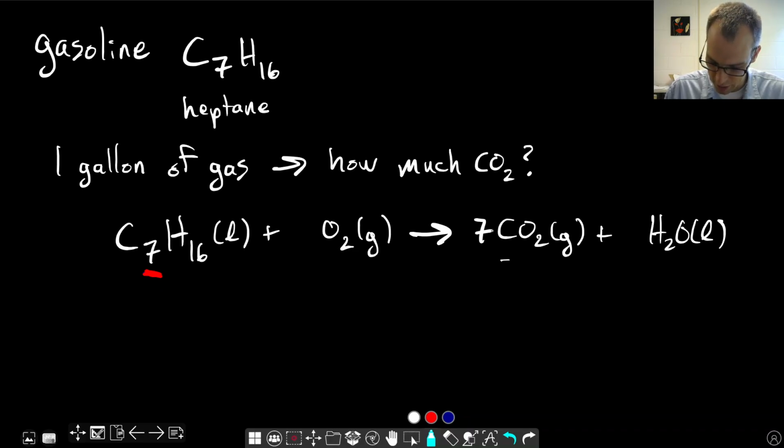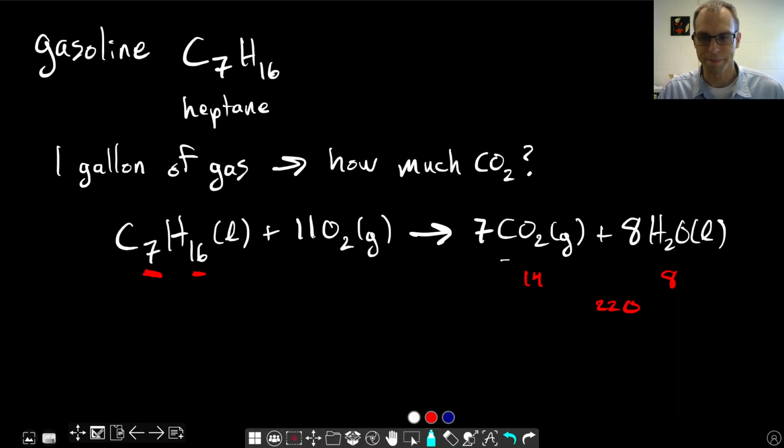We have 16 hydrogens on the reactant side. So we're going to need 8 waters to get our 16. And now that's balanced the carbon and hydrogen. Oxygen's not balanced. So on the right-hand side of the equation, we have 14 in this molecule, 8 here. So overall, we have 22 oxygen atoms. So that means we're going to need 11 oxygen over here.